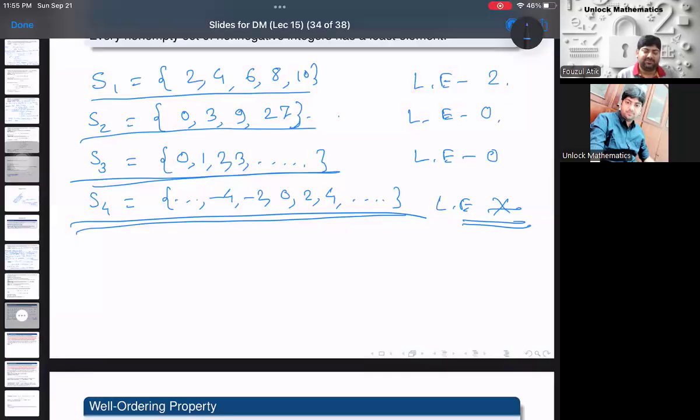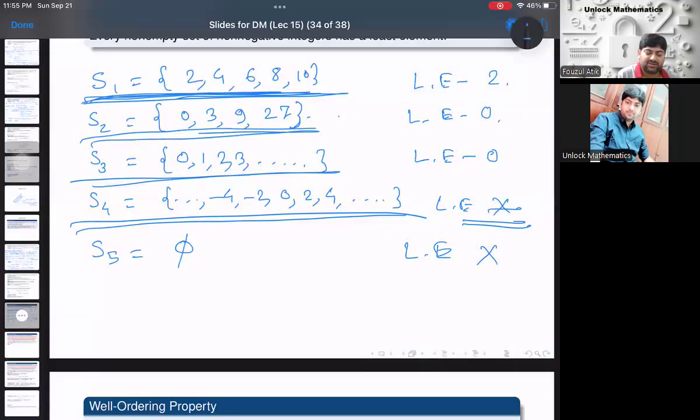So here you observe, what is the least element for the empty set? There is no least element, because there is no element even. So the least element does not exist in this case also. So what you observe: if the set is non-empty and the elements are non-negative, you can have a least element, although it is an infinite set.